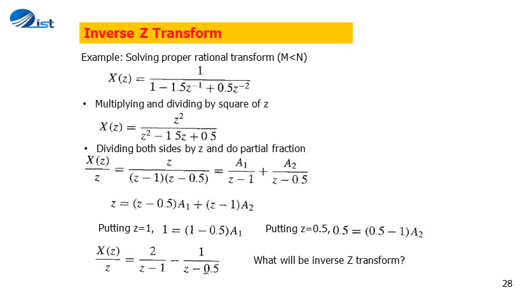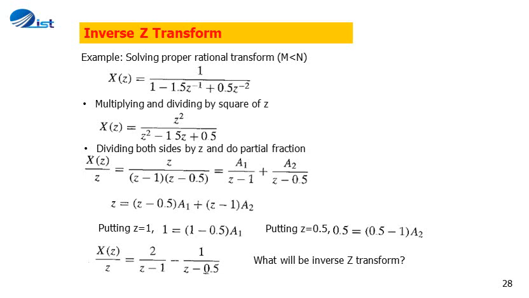So first step, multiply both the numerator and the denominator by z raised to the power n. Here n, which is the degree of the denominator polynomial, is 2. So we would multiply both the numerator and the denominator by z squared. So X of z will become z squared over z squared minus 1.5z plus 0.5.